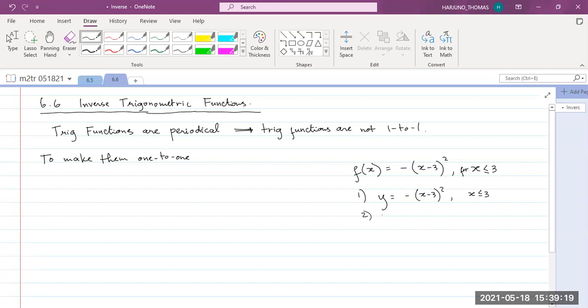We swap the x and y. So negative x, put the square root with plus minus, equals y minus 3 for y less than or equal to 3. So 3 plus minus square root of negative x equals y for y less than or equal to 3. From there we realize we will use the negative branch.